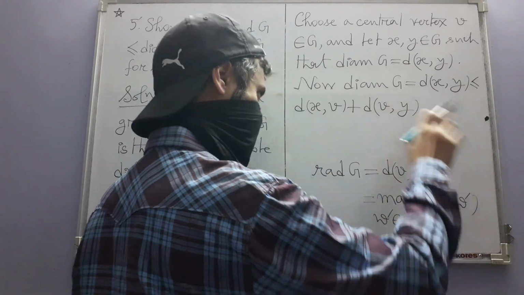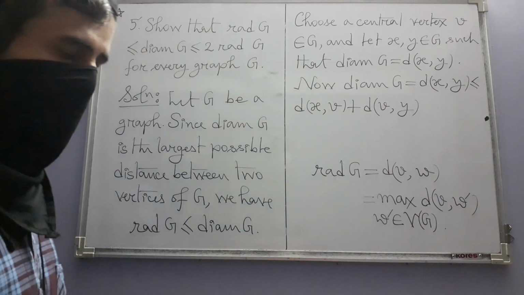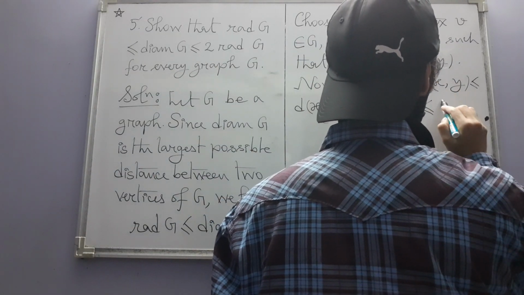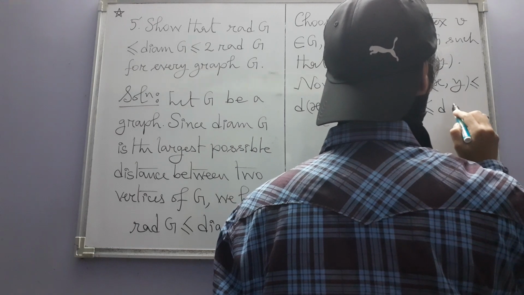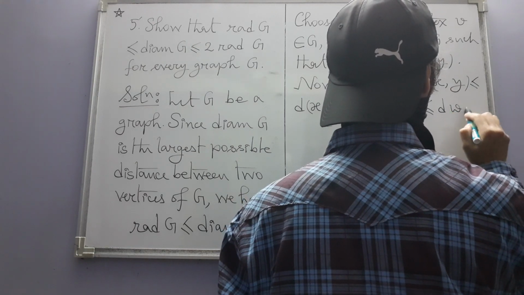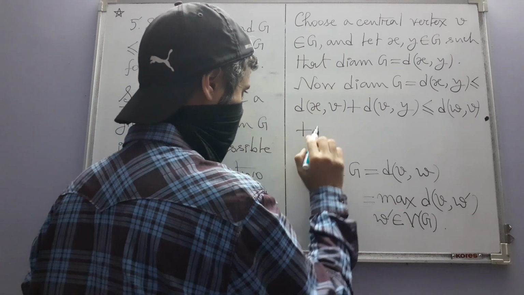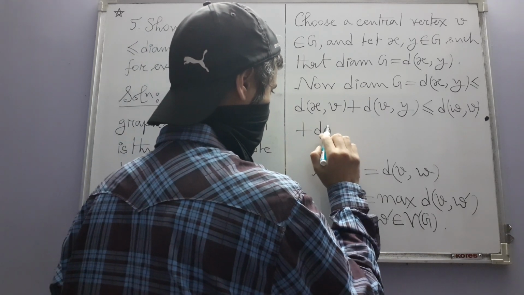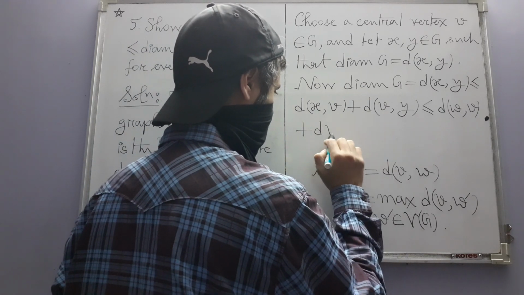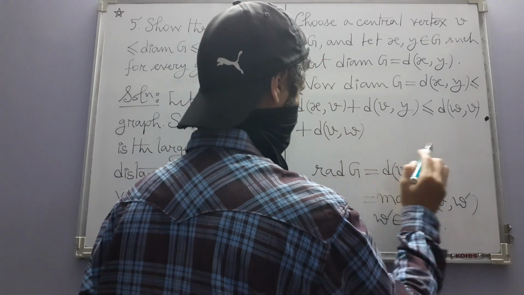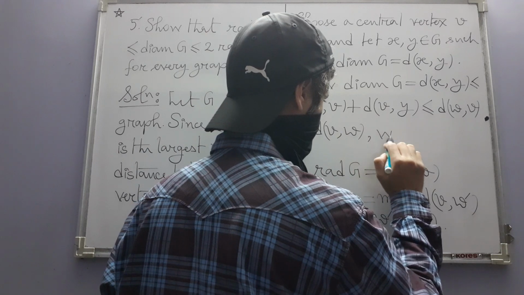This is again then greater than or equal to this. So that's why this sum is less than or equal to this plus the distance between v and w.